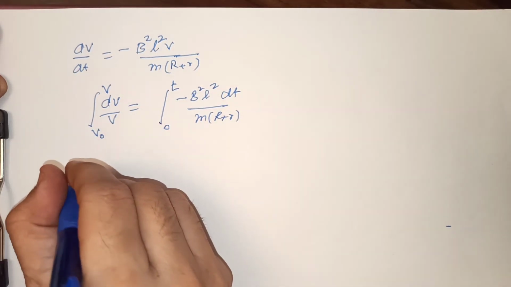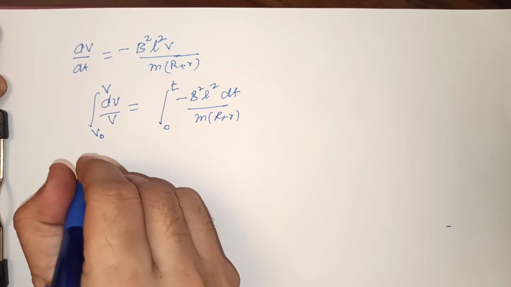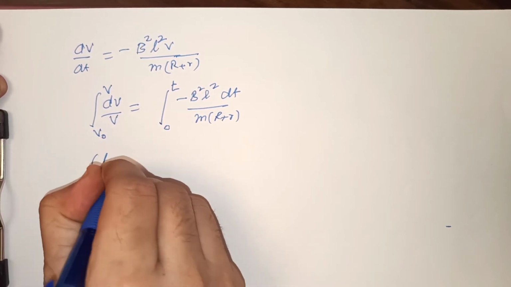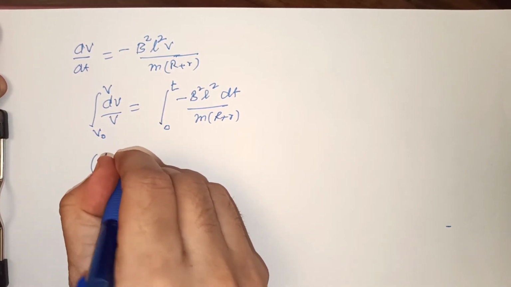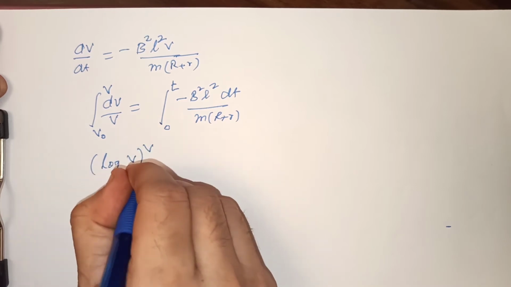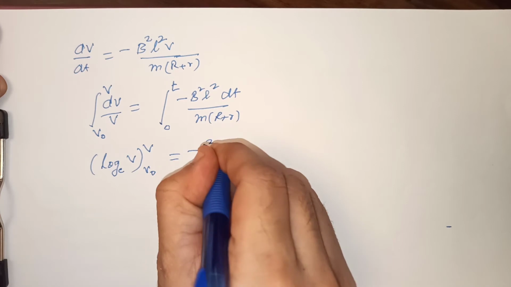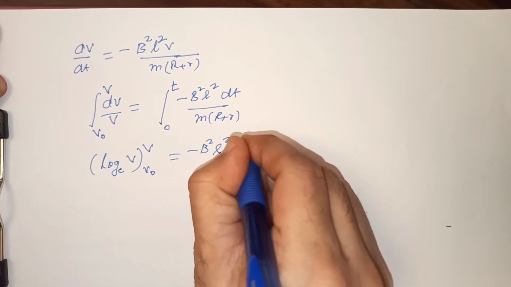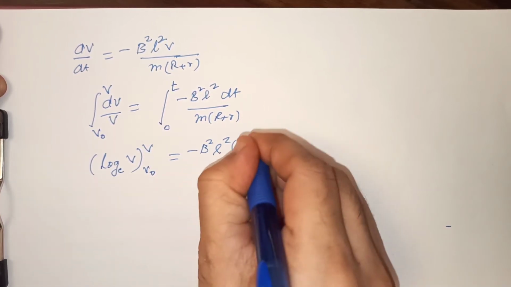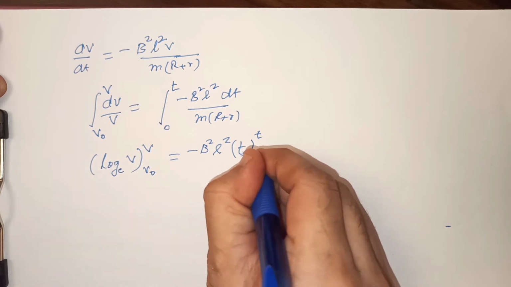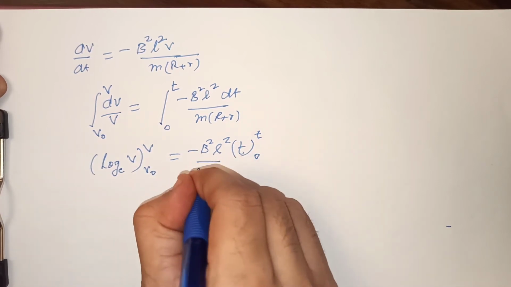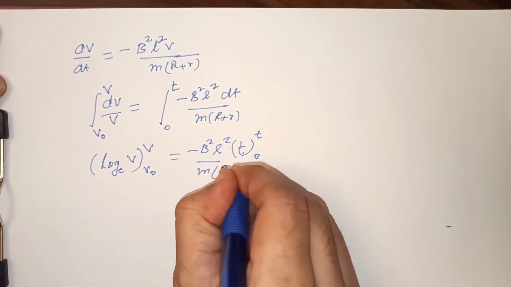Let me integrate both sides. As you know the integration, it will be log e of v by v naught is equal to minus B square L square t by M into R plus r.